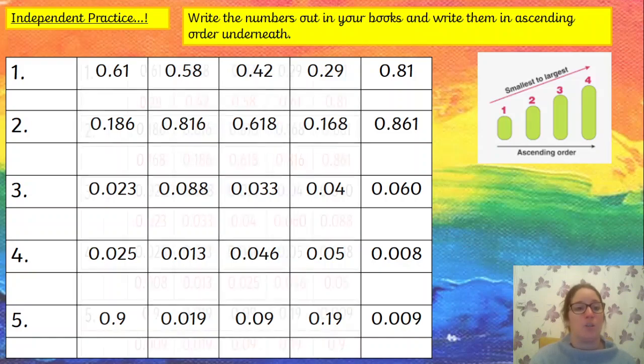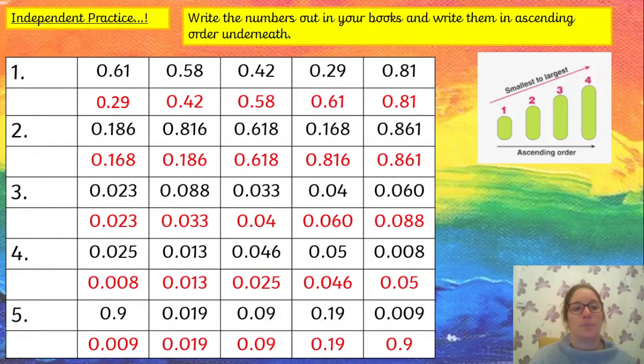Okay, super job. So here are your answers. I'm not going to read them all out because there's lots there. But we can see this first one, we had 0.61, but in actual fact 0.29 is smaller, so that goes here. Then we've got 0.42, 0.58, 0.61, 0.81.